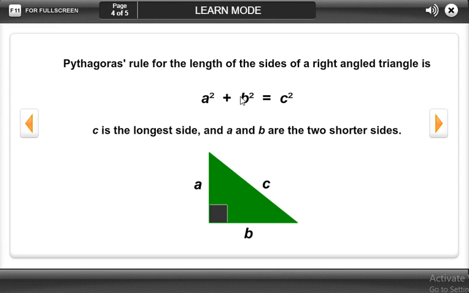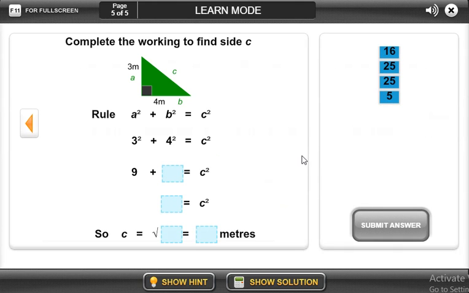Here we've got a squared, which is one of the short sides, and you add together plus b squared is equal to the long side, the hypotenuse squared. So if we want to complete some of these, we've got a squared, in this case 3 squared, which is 9.